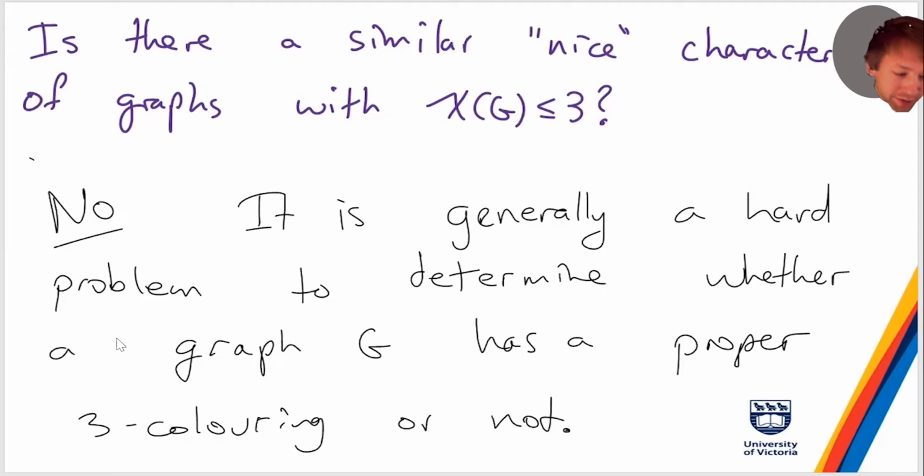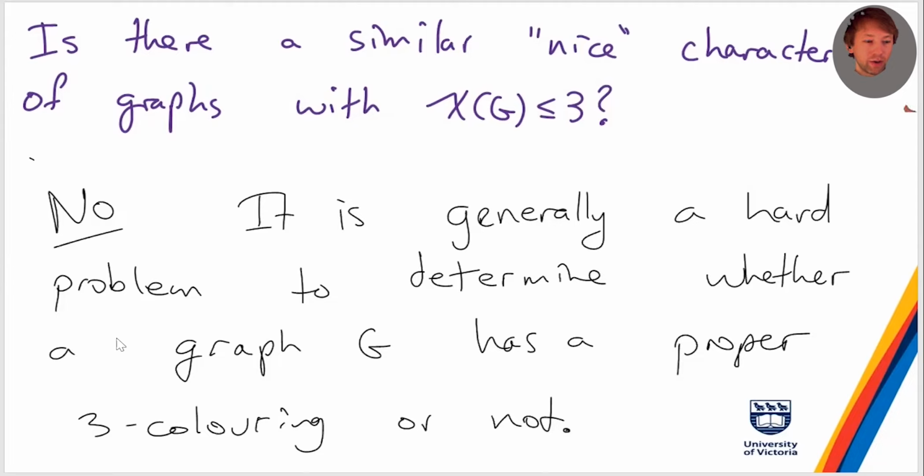And the answer is kind of no. I can't give you a deep reason for this right now because, similar to the topic of Hamiltonian graphs, it requires some background in computational complexity. But what I can say is that algorithmically, it is a hard problem to decide whether a graph has a proper 3-coloring.